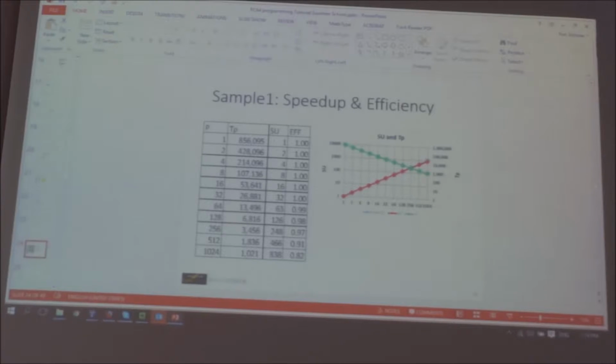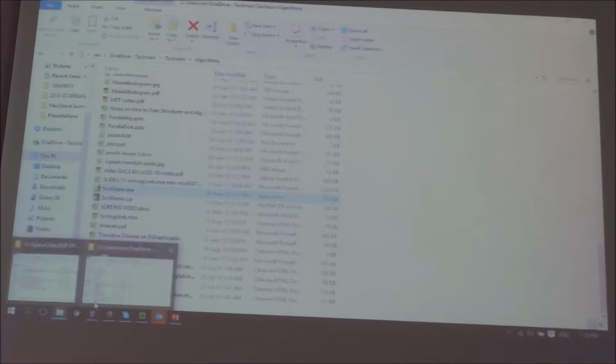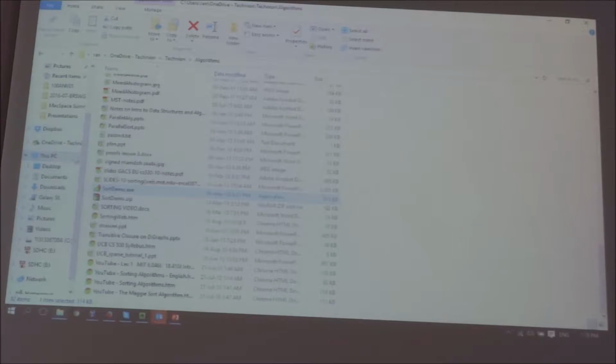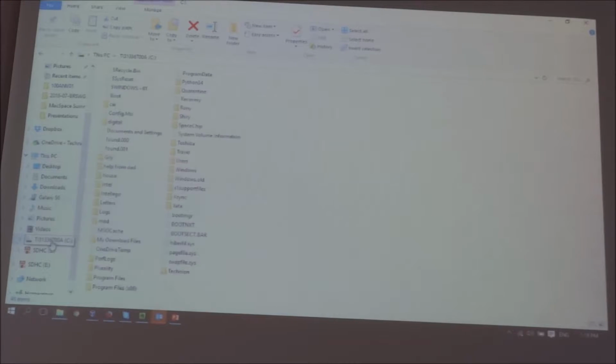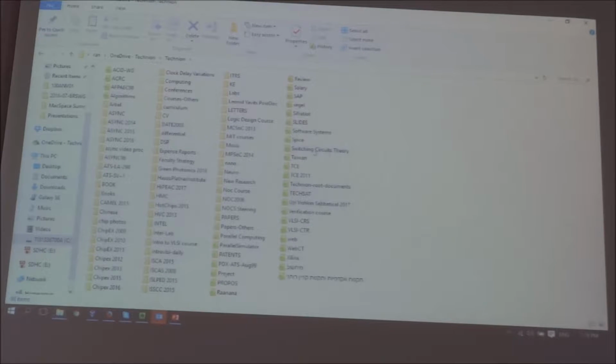Let me find this original Excel, not in a slide. In my shared disk, just a second.